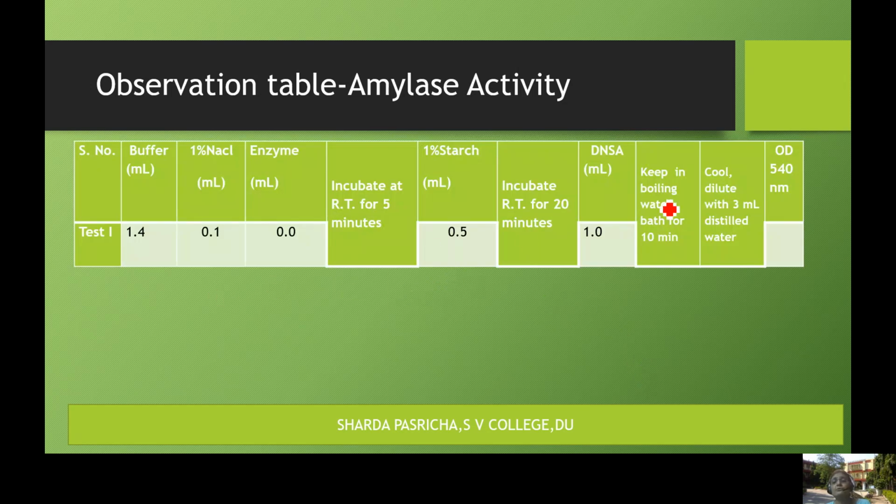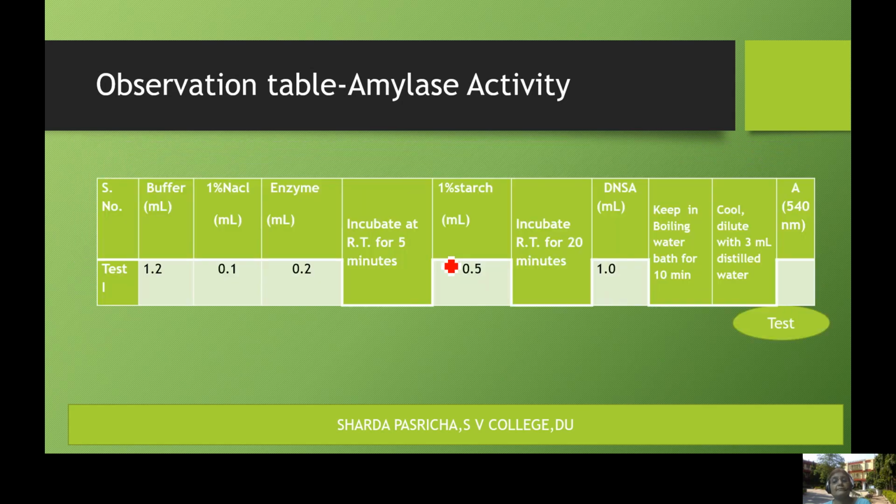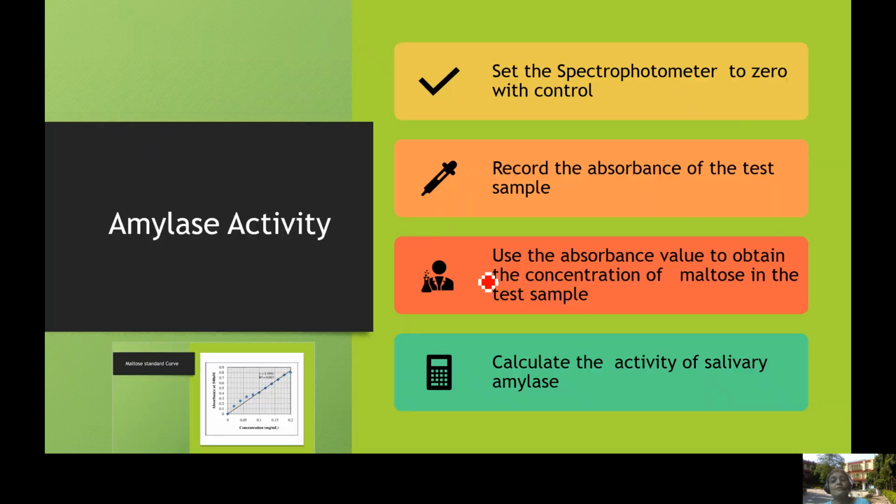This is the table that I was talking of. I have just explained it to you also earlier, how it is to be done. This is the control and this is the test. We have discussed this, how it is to be done. And then set the spectrophotometer to 0 with the control.